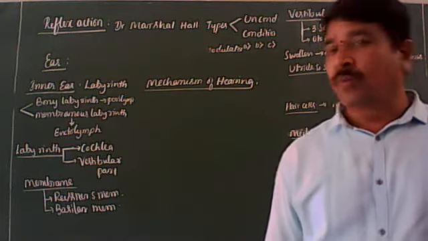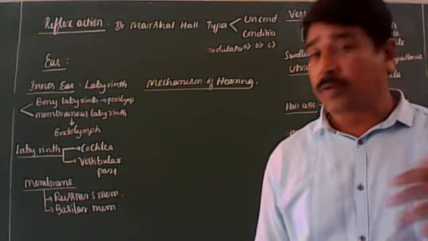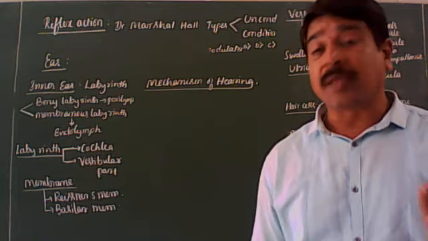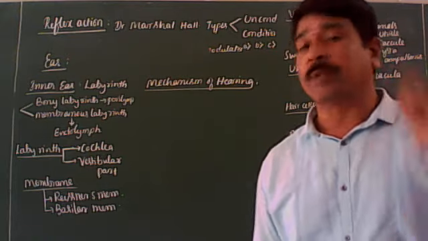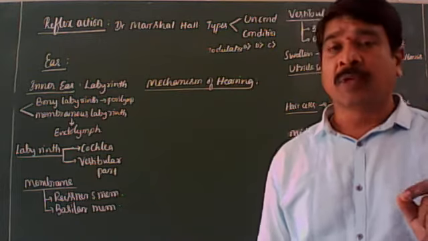Following this, the oval window undergoes vibration and creates waves in the perilymph of the scala vestibuli.